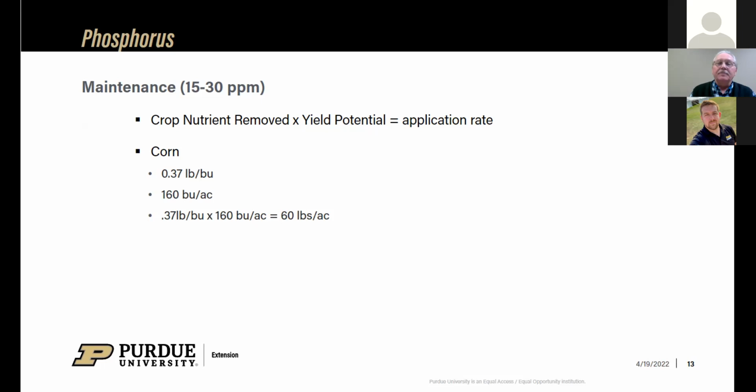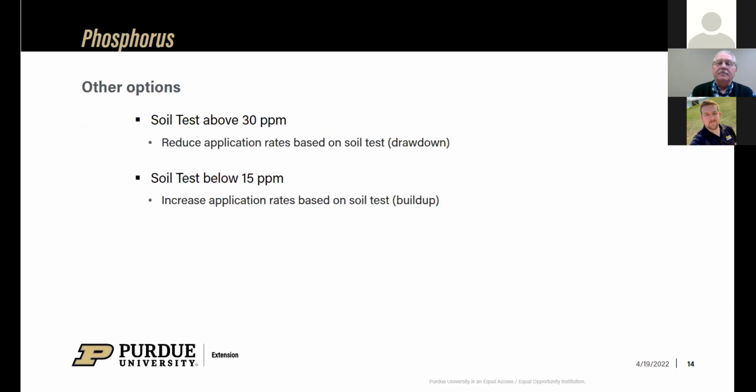So in corn, if we're looking at 160 bushels per acre, we're taking off 0.37. Just to maintain that 15 to 30 parts per million, we're going to need to add 60 pounds of phosphorus per year. So again, if your soil tests are above 30 parts per million, we're going to want to reduce applications and draw down from the soil.